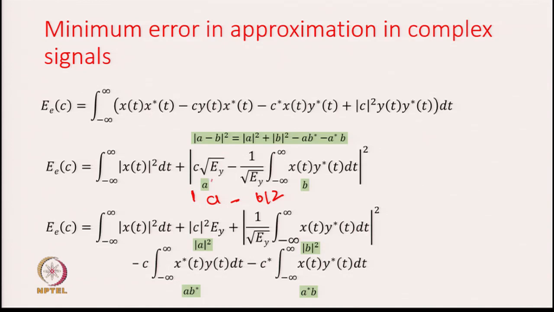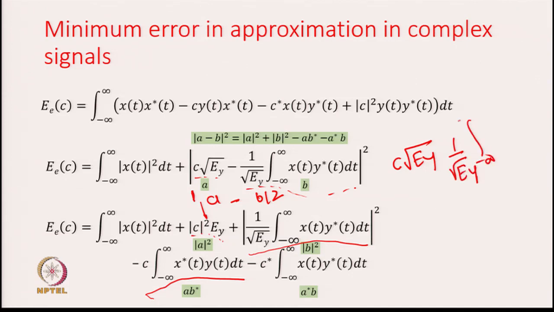Now, a is this thing and b is this quantity. So, mod of a square is this quantity. Mod of b square is this quantity. Minus a b conjugate is this thing. So, a is c root E y and b is 1 by root E y, and I have to take the conjugate of this.